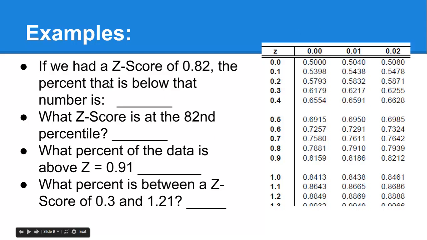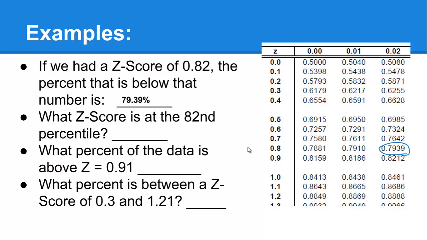If we have a Z-score of 0.82, the percent below that number is, if we look up 0.82, so we go to 0.8 on the Z value and then over to the 2, 79.39%. I would say it's really helpful for students to be able to see these 2-decimal numbers as percentages. They're going to be quoted as decimals, but if you can read them simultaneously as percentages, it's really helpful.